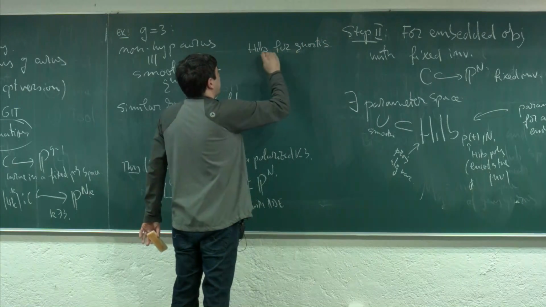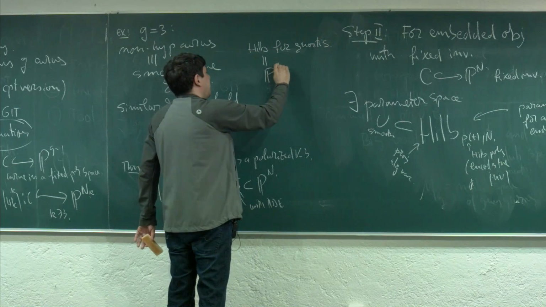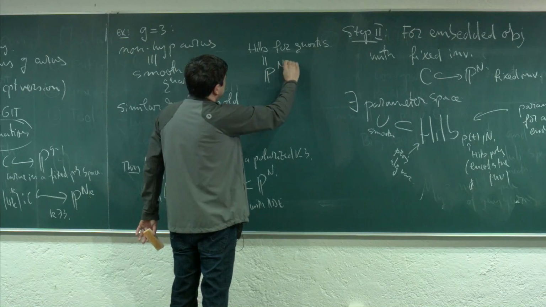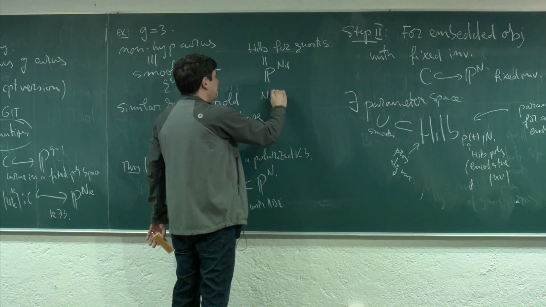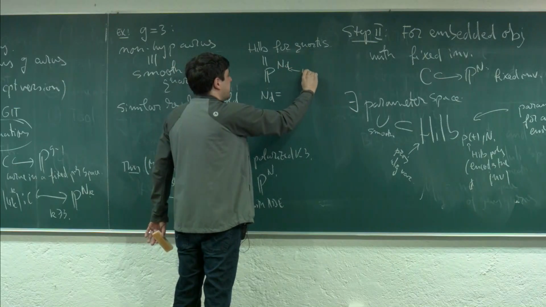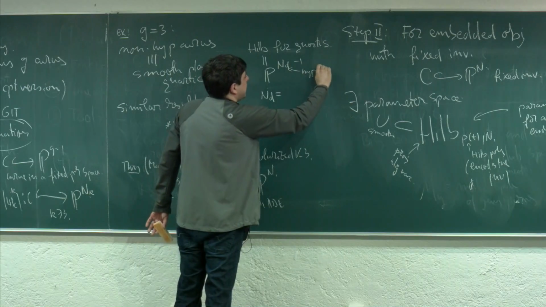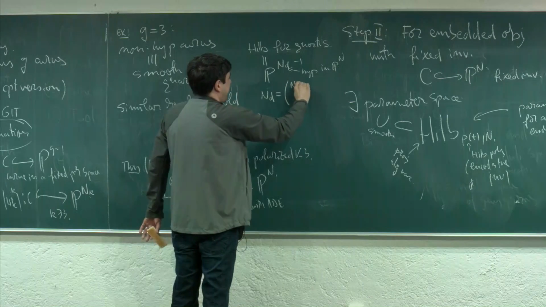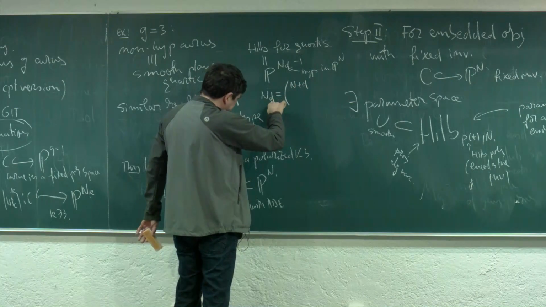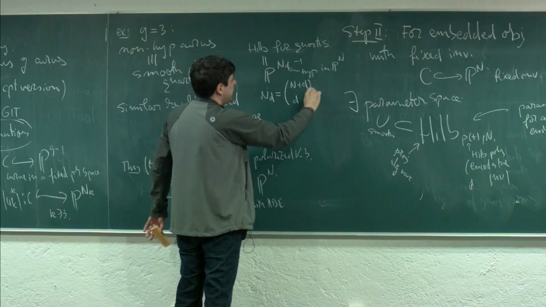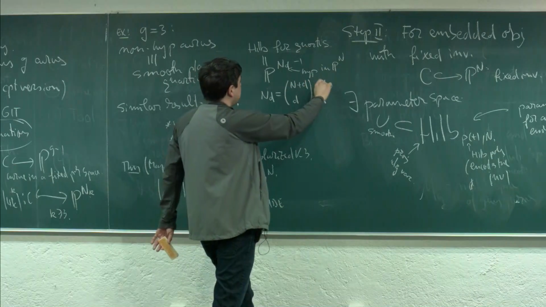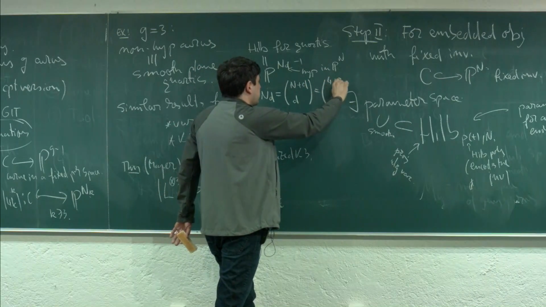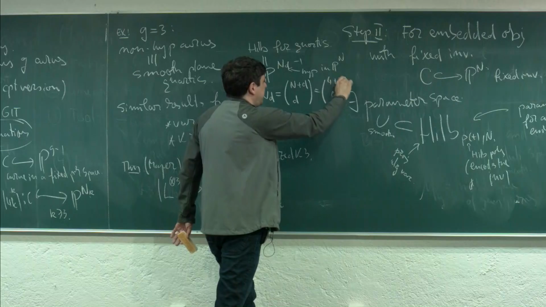So the Hilbert scheme for plane quartics is what? Someone already said it in the previous lecture, it is P^N_D. These are hypersurfaces of degree D in P^n, and I think N_D is N plus D choose D. So this would be 4 plus 2 choose 4.